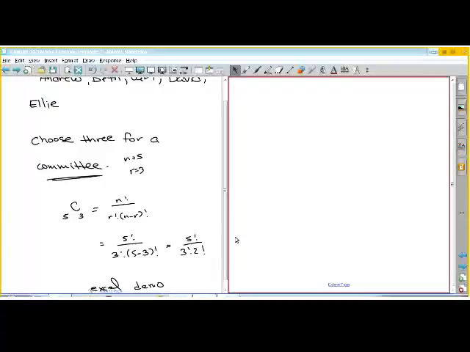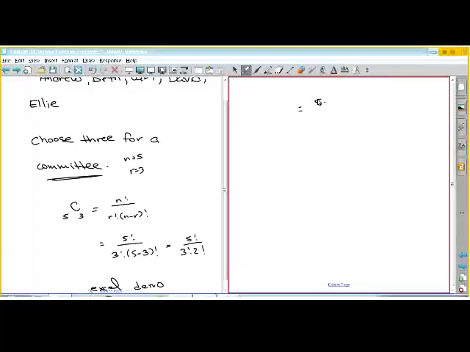Now, I'm going to rewrite 5 factorial. Which number am I going to use to say where I'm going to stop? Am I going to choose 3 or 2? Because it's the higher one, right? It'll simplify it the most.